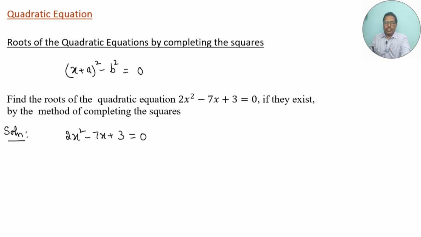First, let us make the coefficient of x square to be 1. For that, let us divide through by 2. We divide the entire left hand side by 2, and the right hand side is also divided by 2, but 0 by 2 is 0 itself.